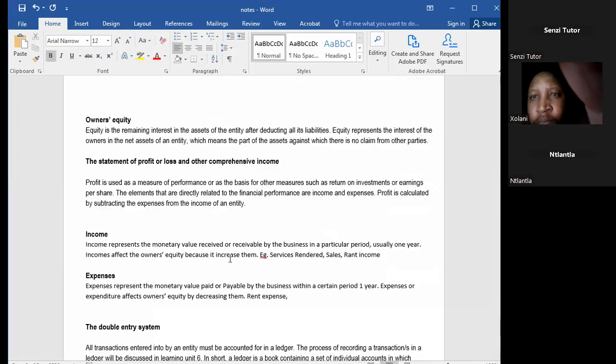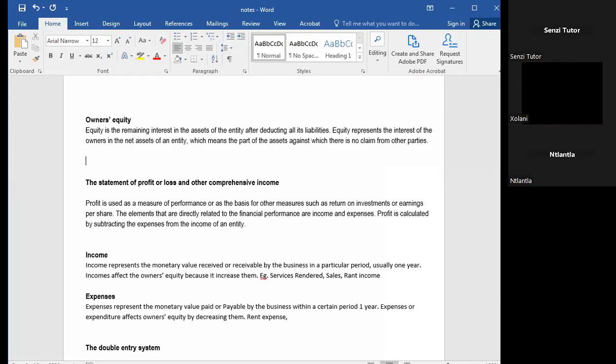Owner's equity. I like owner's equity because it's all about the interest that I have as an owner in my business. Owner's equity is the remaining interest in the assets of the entity after deducting all its liabilities. Therefore, if we want to get owner's equity, we must take assets.